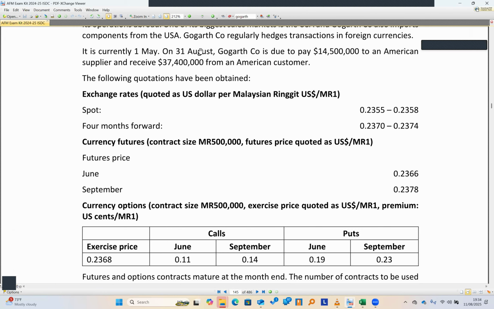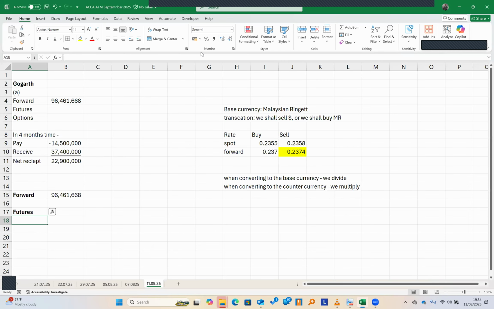So now you have to determine which futures you are using. In this case we are using September futures because the transaction will have passed June, so we can't use June.